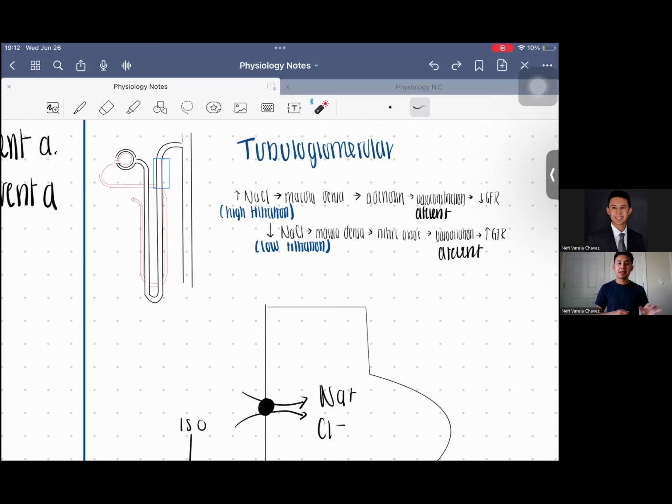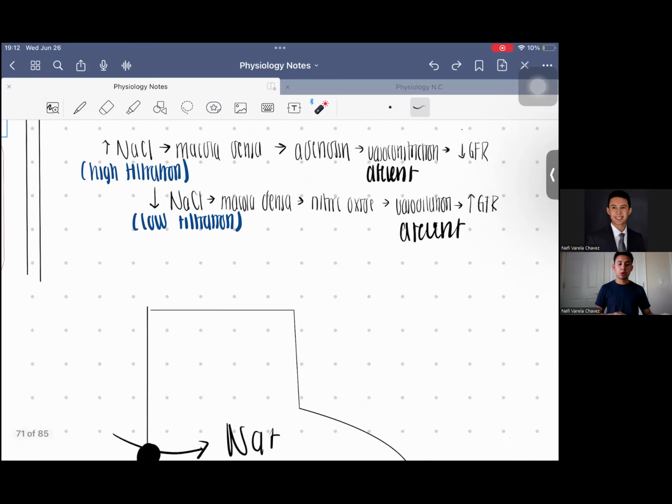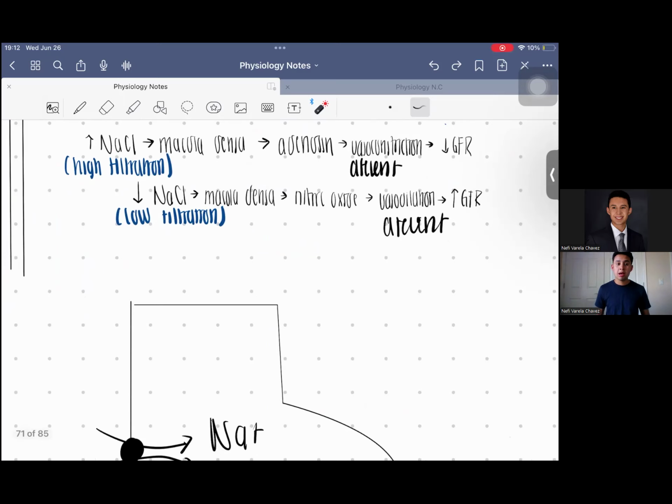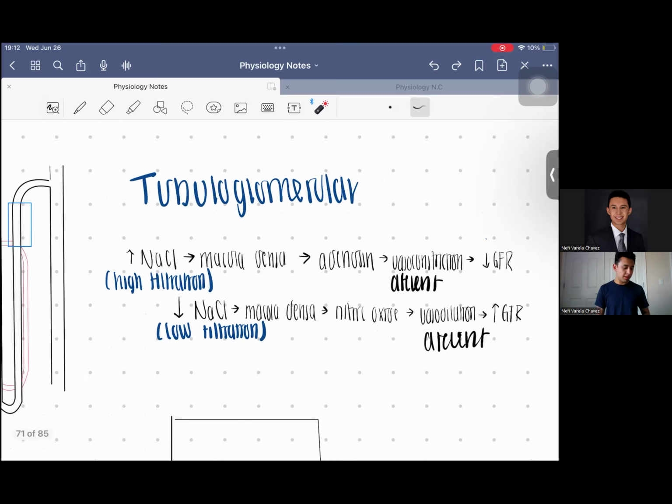And well, in case we increase sodium chloride, salt, it's going to be sensed by the macula densa, and we're going to release adenosine. Adenosine, compared with other structures in our body, in this case is going to create vasoconstriction in the afferent, and it's going to decrease blood pressure. And this is a new concept that I'm going to introduce after, named GFR.